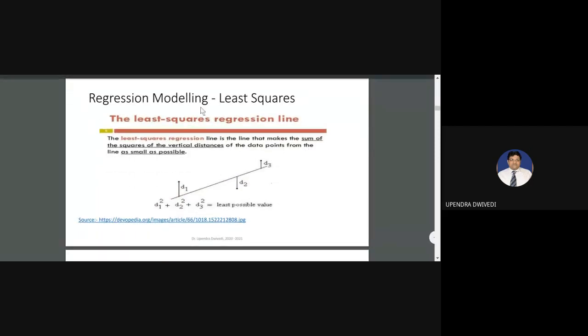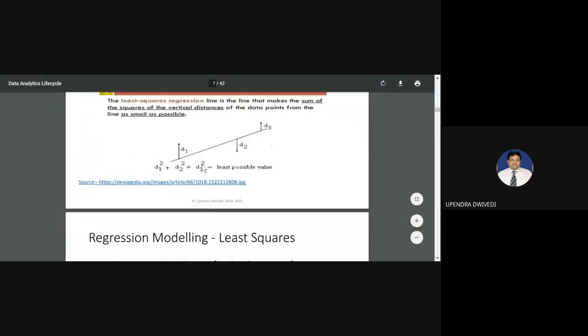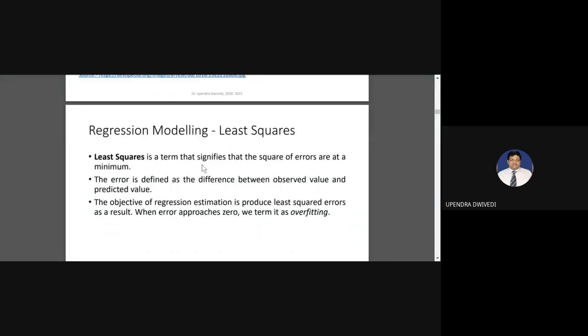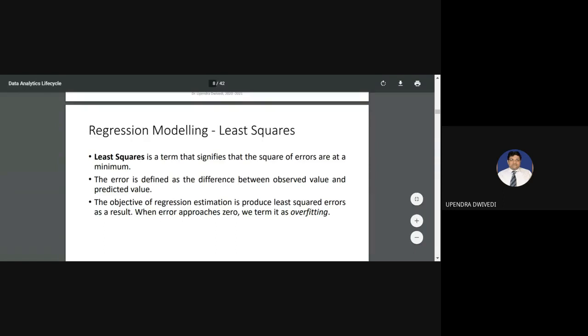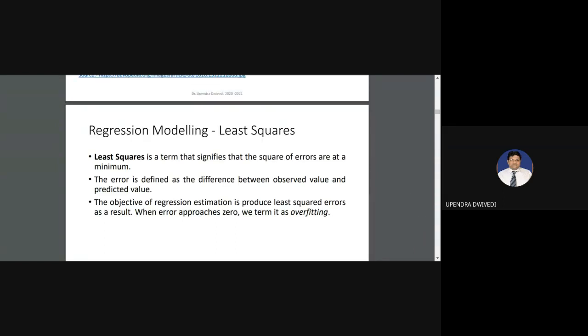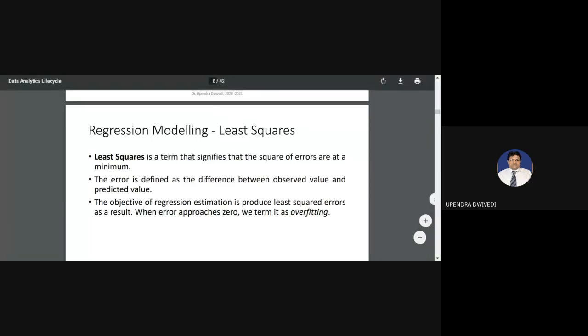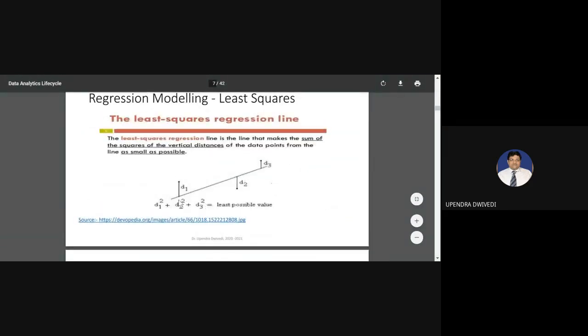Then we have discussed the least square method. In the least square method, we find the squared errors between the observed variable and the target variable. You can see that our target, actual variable is this, and the observed variable is this.